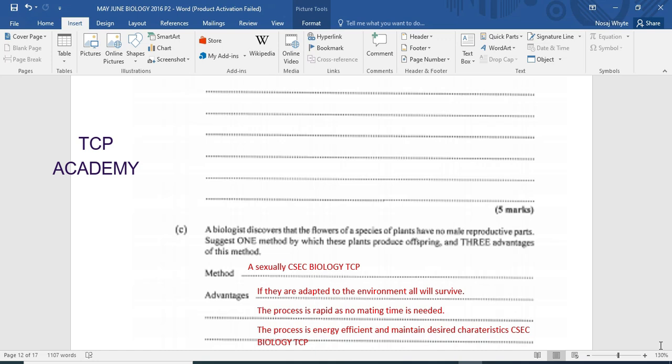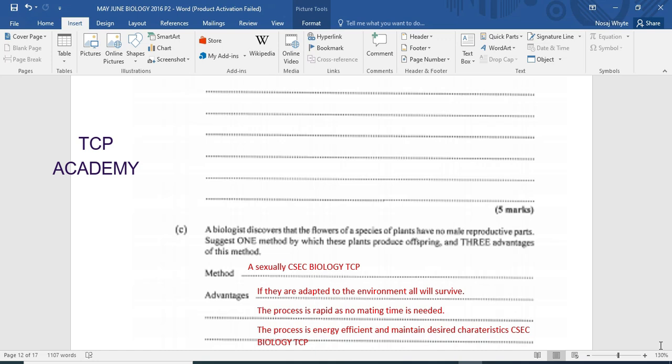A biologist discovers that the flower of a species of plant has no male reproductive parts. State one method by which these plants produce offspring and 3 advantages of this method. Now, of course, this plant is reproducing asexually, meaning that it is using a part of itself rather than using seeds. Now, the advantage of this method is that if they are adapted to the environment, all will survive when it chooses to reproduce.